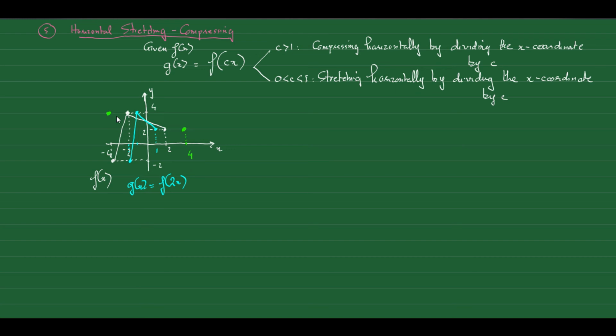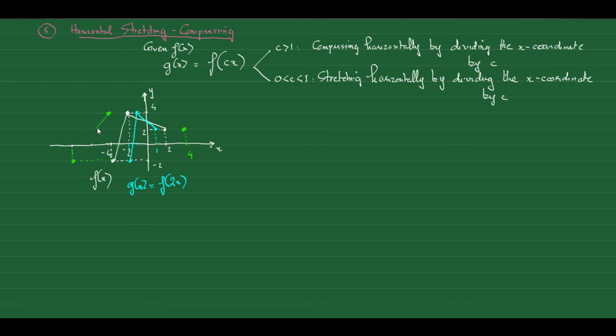Because we divide by 1 over 2, we mean we multiply by 2. So instead of negative 4, negative 2, we have negative 8. So it will be right here, negative 8 and negative 2. So we have this. There you go. You see that it's stretching horizontally.